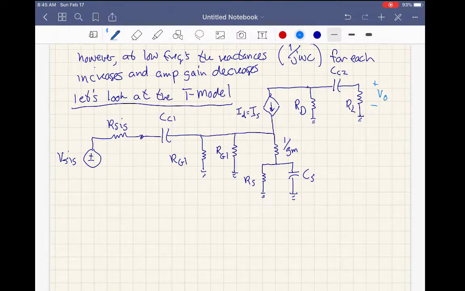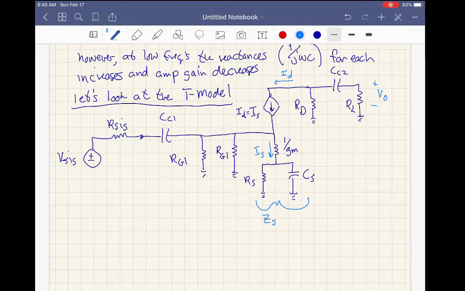Okay, we can define a couple things in here. We can define a current ID, which is just the value of that source. We can define a current here, IS. I'll go through this with you, I'm just going to write them on the diagram here.